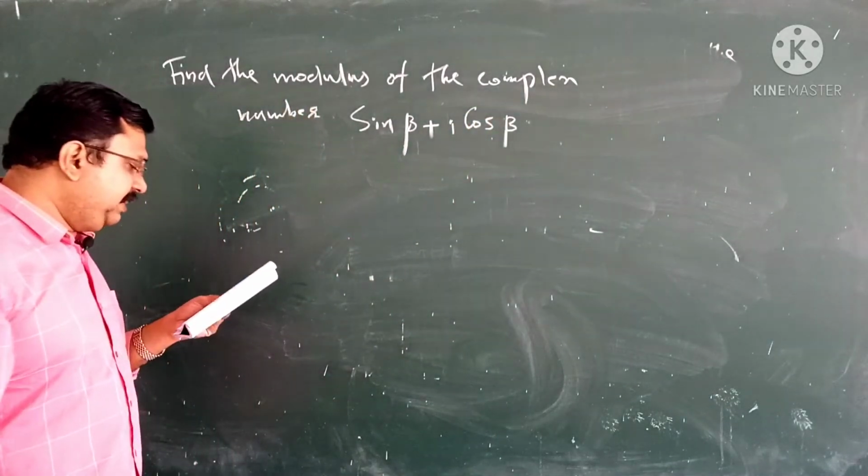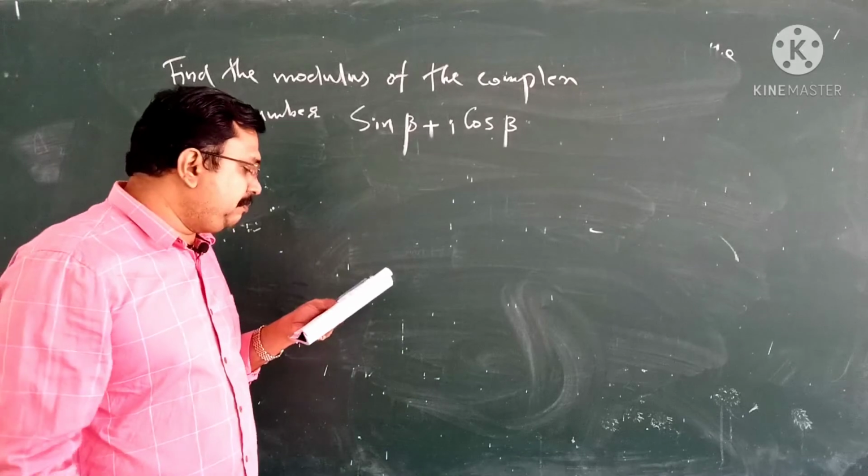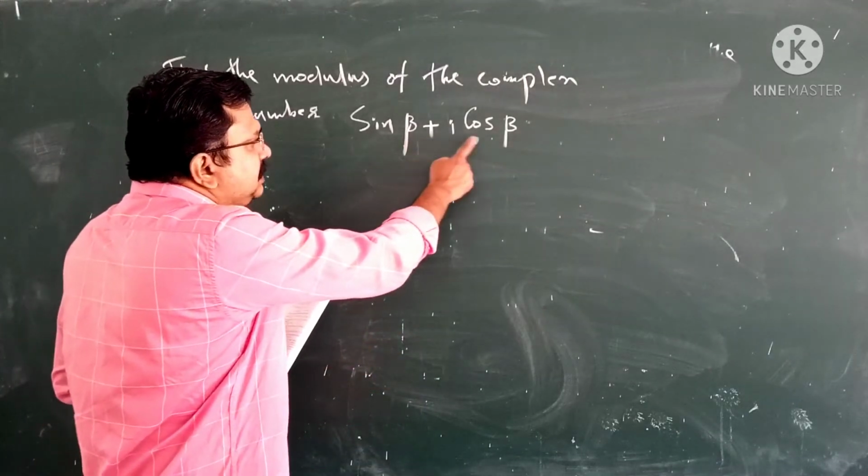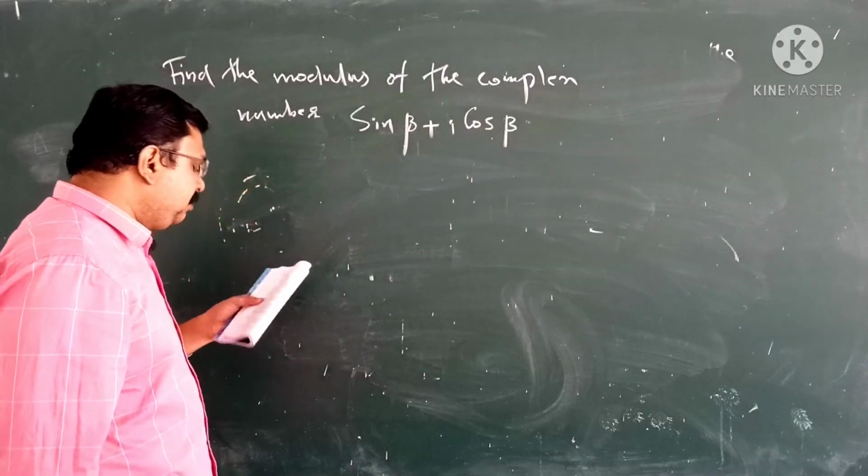Okay, find the modulus of the complex number sin beta plus i cos beta.